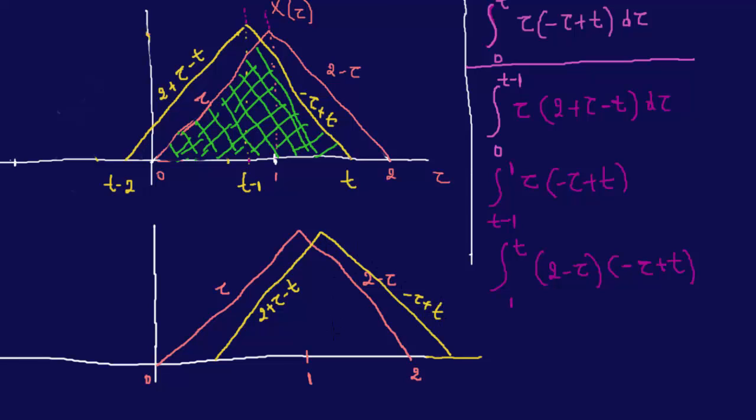And the middle one here is t minus 1, and this would be t minus 2.